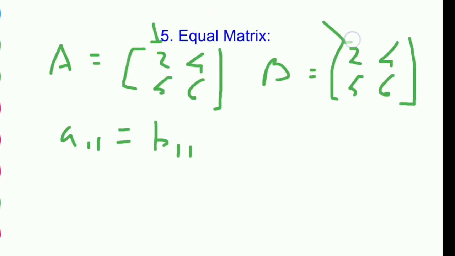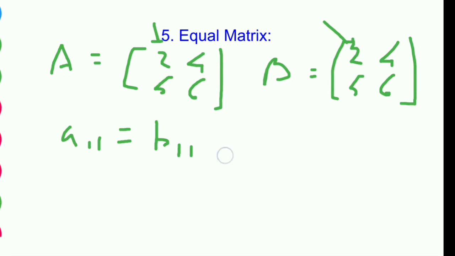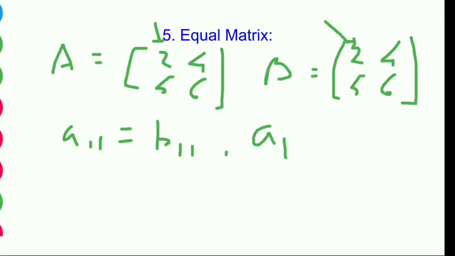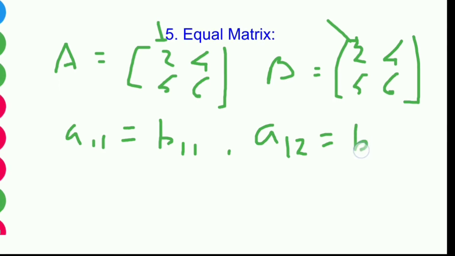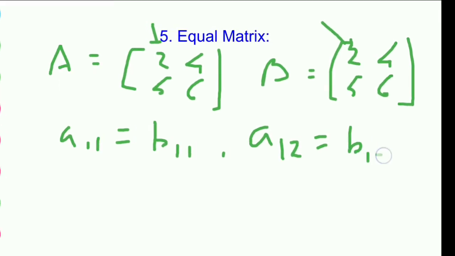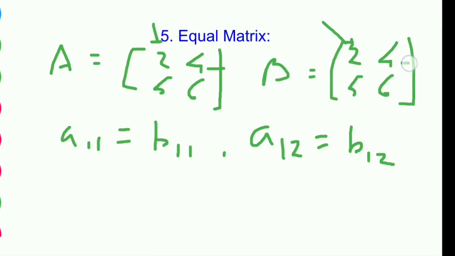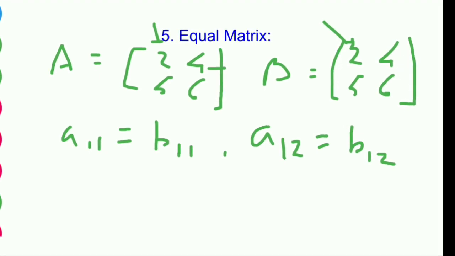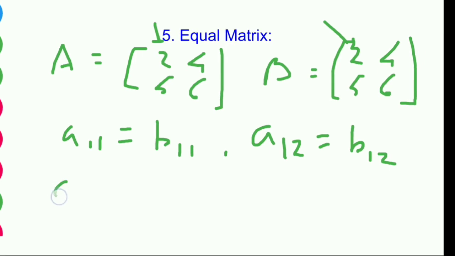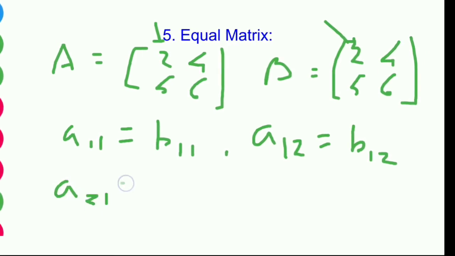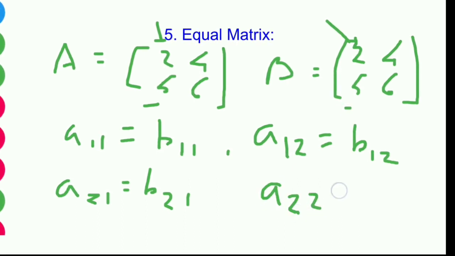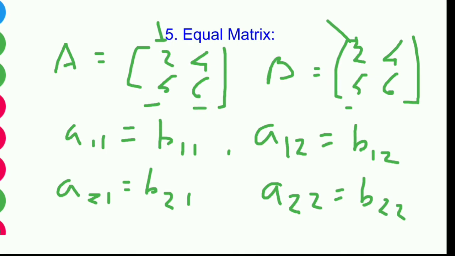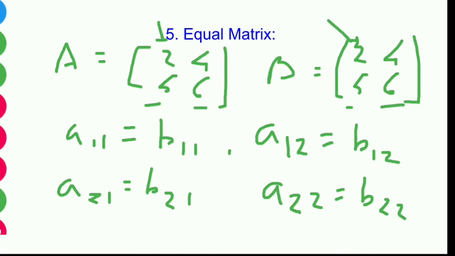Let us consider two square matrices A and B. If we compare the elements having the same row number and column number of A and B, then we can see A11 is equal to B11, A12 is equal to B12. Similarly, A21 is equal to B21 and A22 is equal to B22. So matrices A and B are called equal.